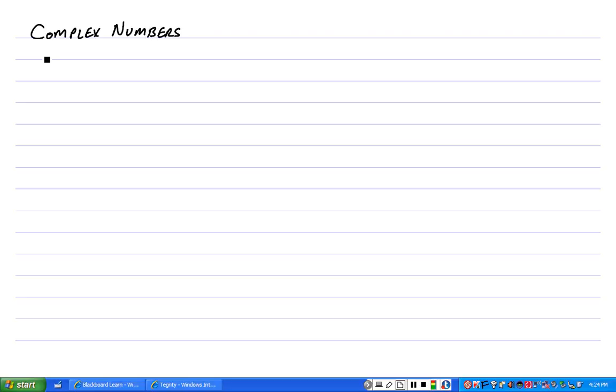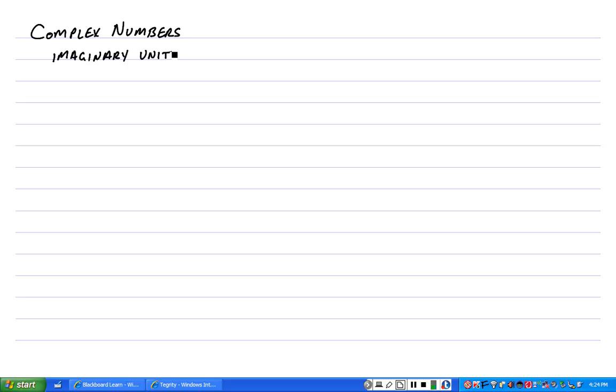That begs you to ask the question of what is an imaginary unit. Well, an imaginary unit was just a clever way for mathematicians to deal with taking the square root of a negative number.